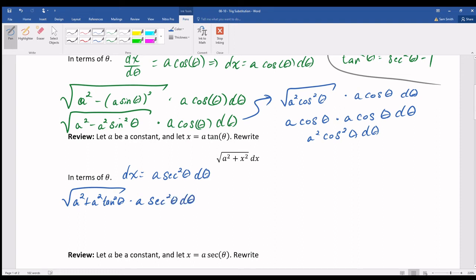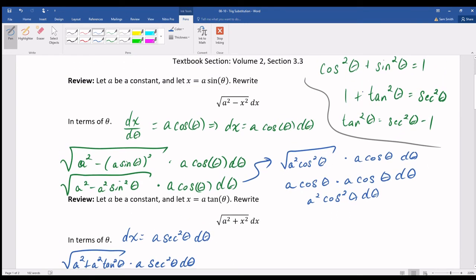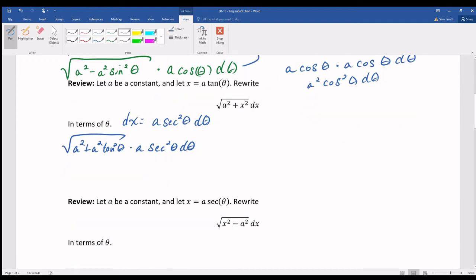Once again, I can go back and use one of the forms of the Pythagorean identity to simplify this square root so that it no longer contains an addition in its radicand. Square root a squared secant squared times a secant squared d theta.